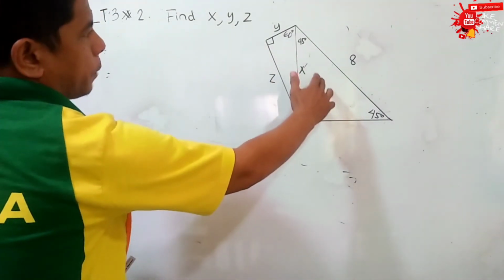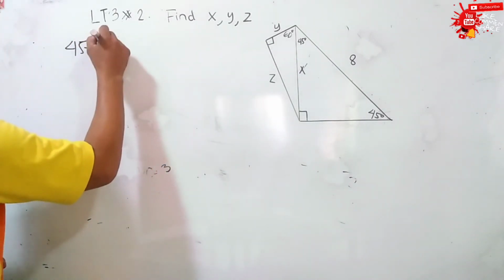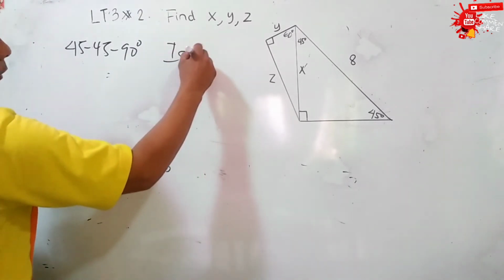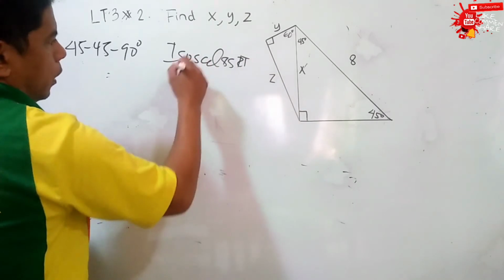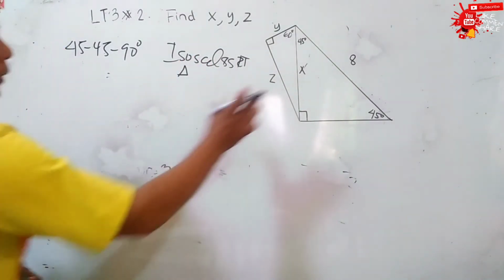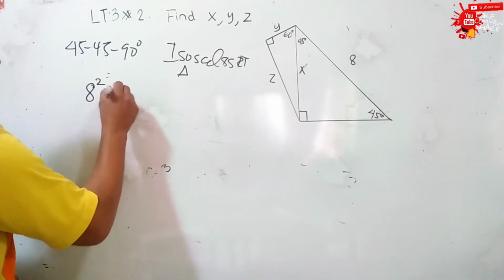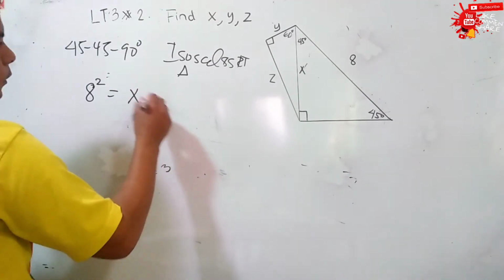Remember, yung 45, 45, 90 degree is an example of isosceles right triangle.